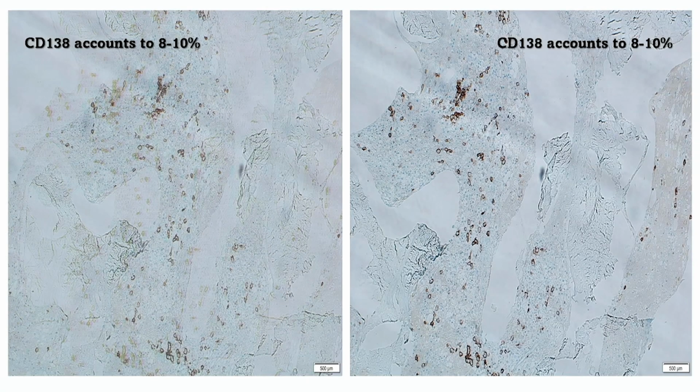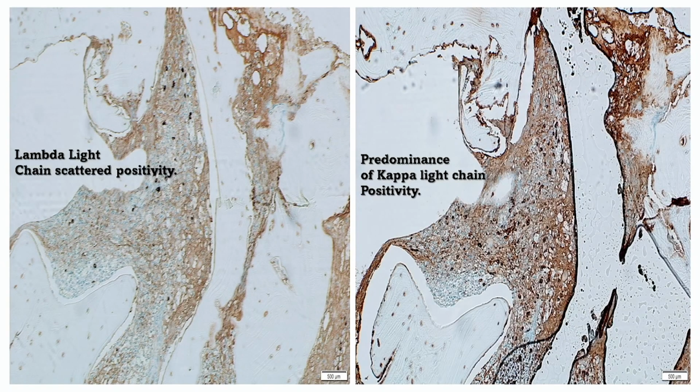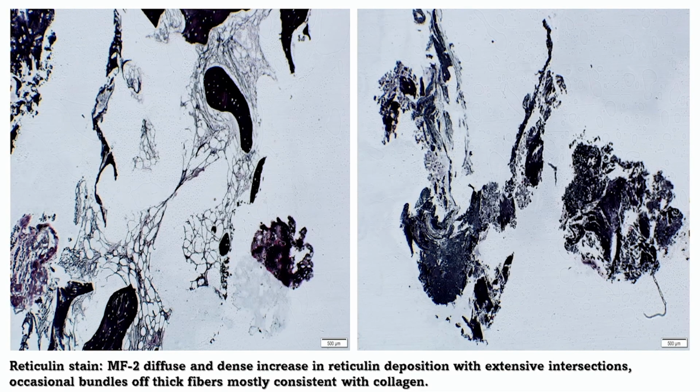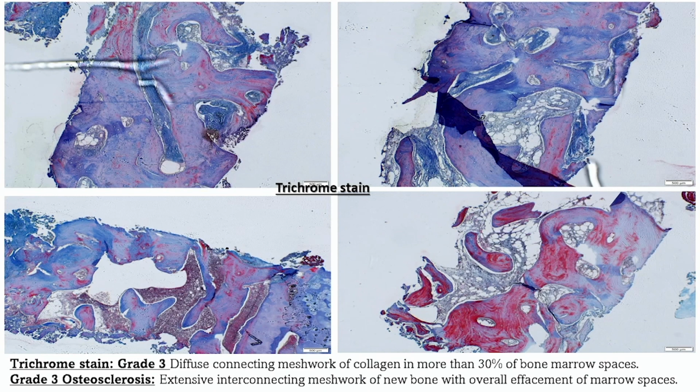The CD138, you have to exclude relapse, was almost 8 to 10% with a polyclonal pattern, predominance of kappa. Marked fibrosis, trichrome stain is grade 3, with interconnecting new bone formation blocking the intertrabecular spaces. So there is an extensive interconnecting mesh of bone.